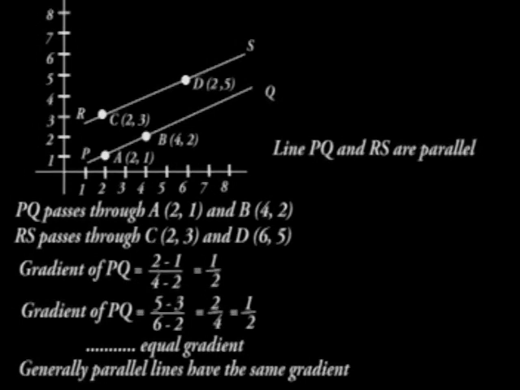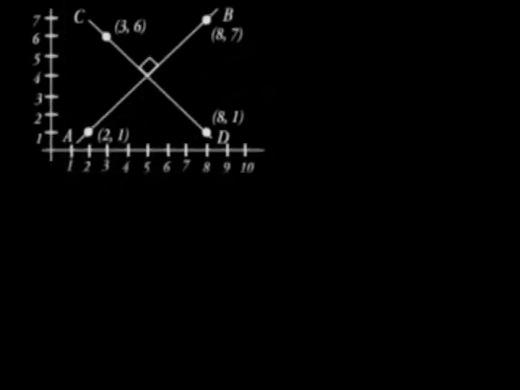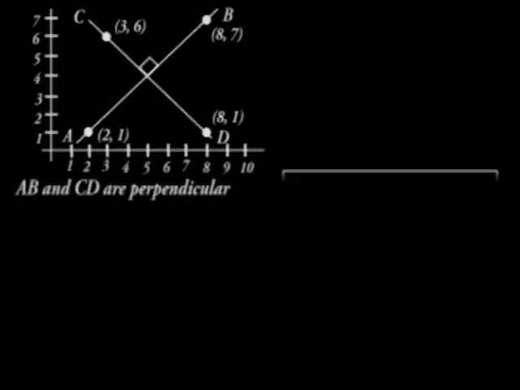Now consider the line below. Lines AB and CD are perpendicular. Gradient AB is 7 minus 1 over 8 minus 2, which is 1.